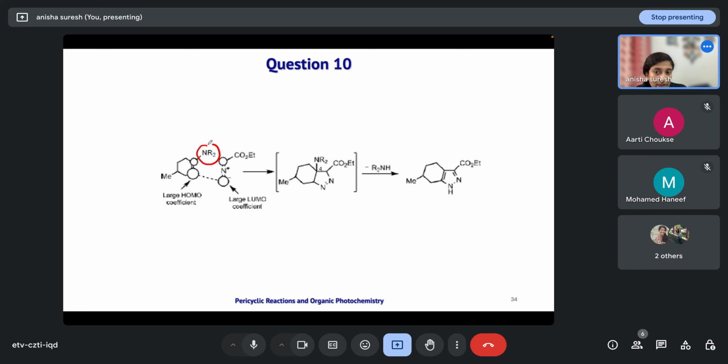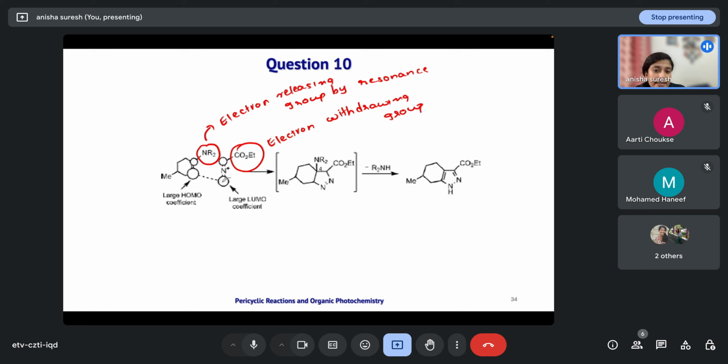Since this NR2 is an electron releasing group by resonance effect, this will be having the largest HOMO coefficient, and because of the presence of this electron withdrawing group, this nitrogen will be having the largest LUMO coefficient.